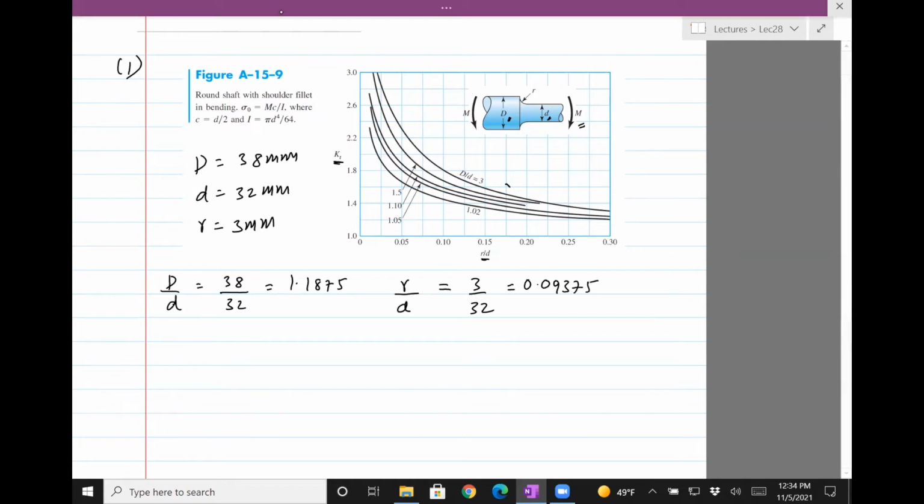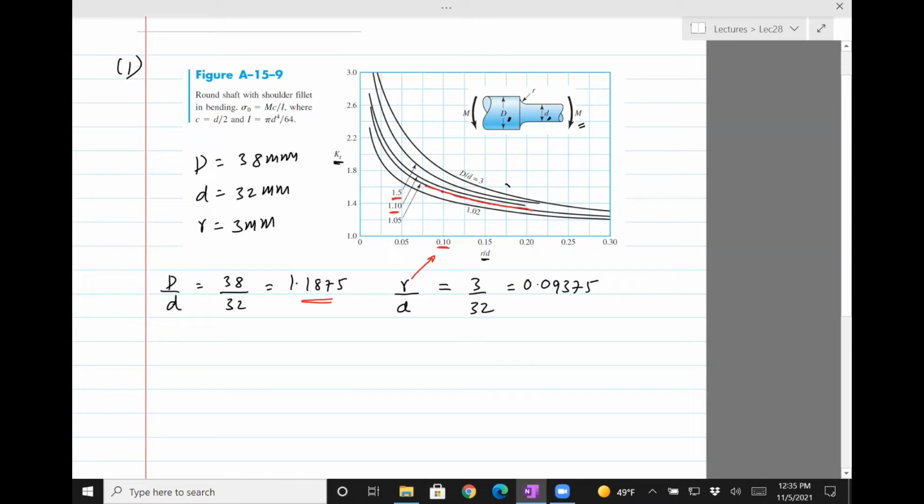So I need to look at capital D over small d of 1.1875. We have 1.1, we have 1.5. We don't quite have 1.18, which is 1.2. So we're going to assume that this curve is approximately what we want to follow. And then we need to find r over d of 0.09, which is about 0.1. So 0.1 is here.